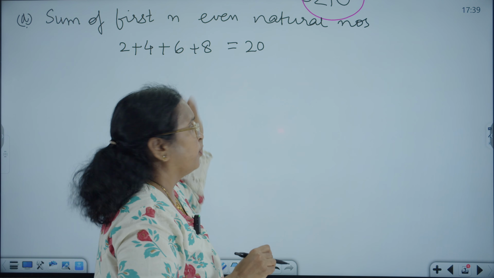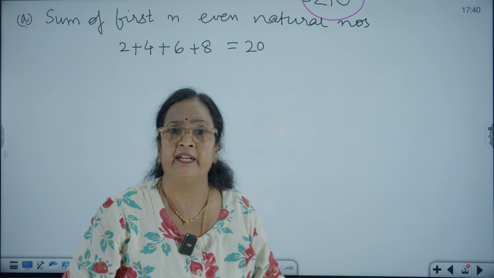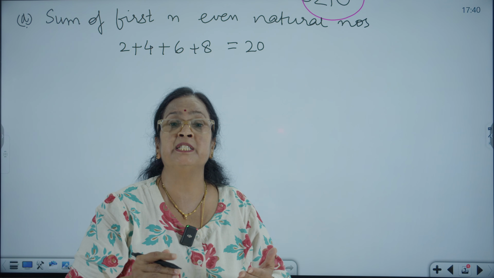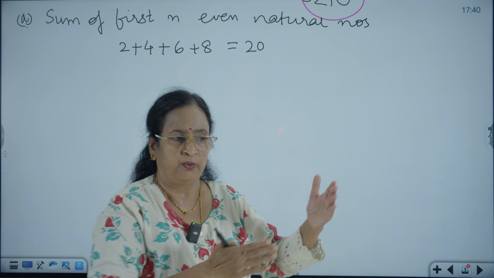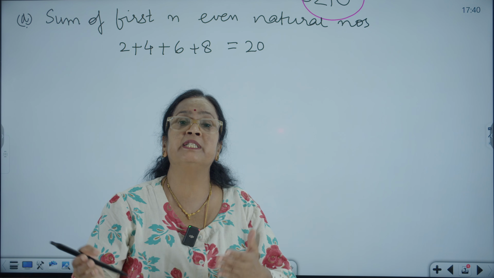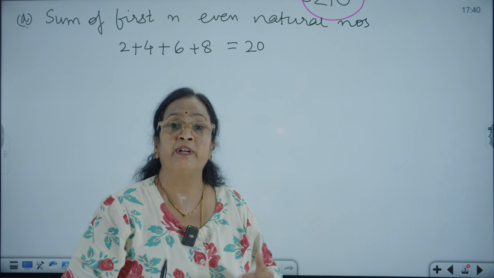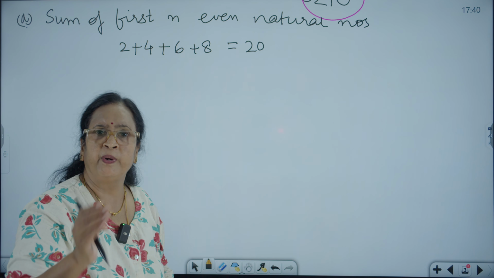So, I took 4, n is 4. Suppose I want the sum of first 49 even natural numbers. Now, I can write it, but by the time I count, it's a long time, isn't it? Now, let me give you a formula where you can solve such sums within a second.